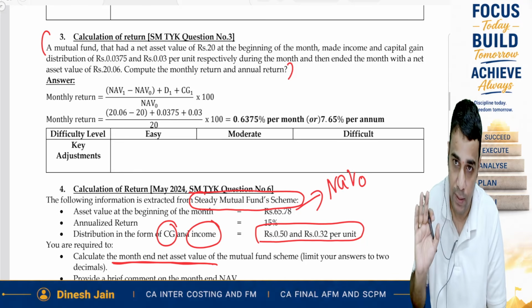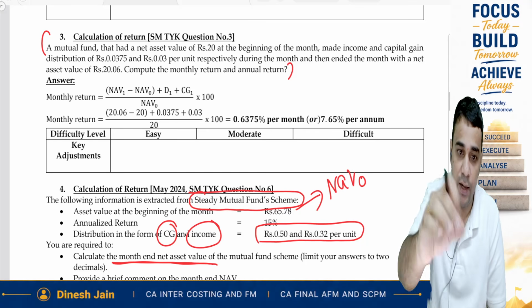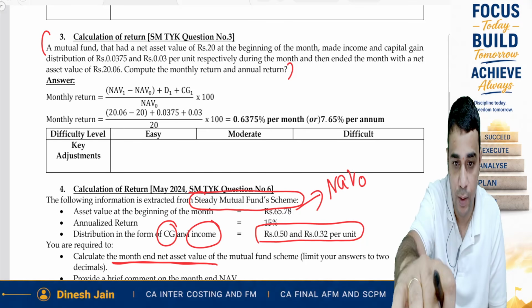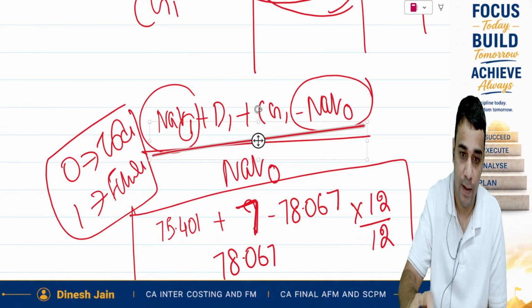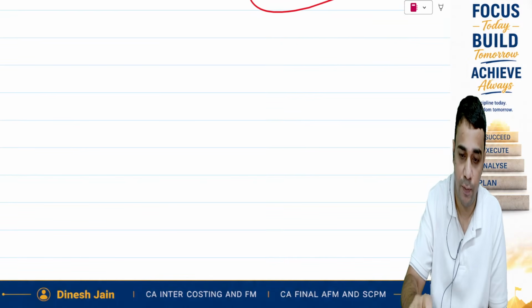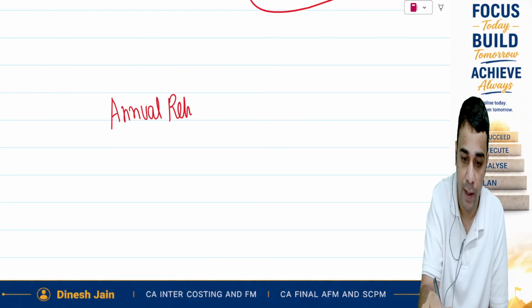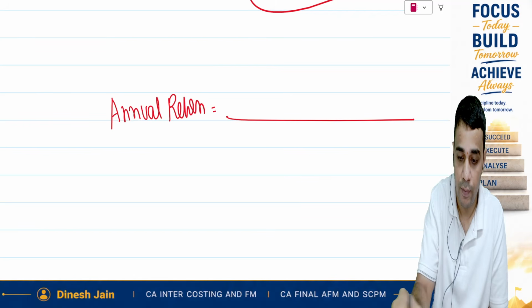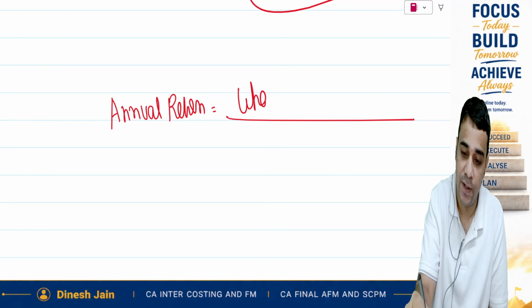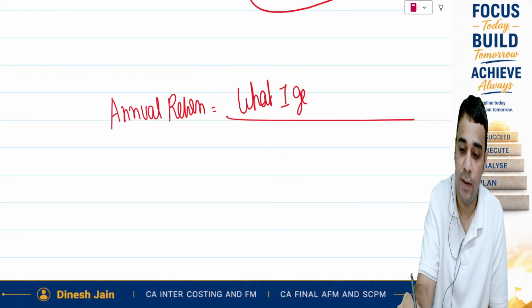Understood the question? Can we start practicing this? Annual return equal to, can you tell me the formula? Okay, first write this, what I get back.